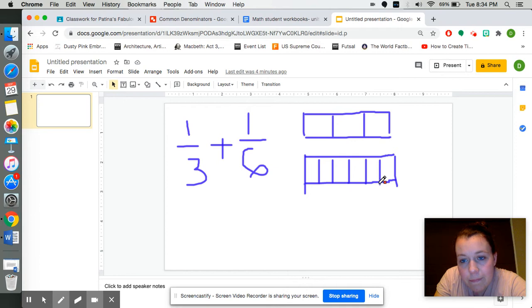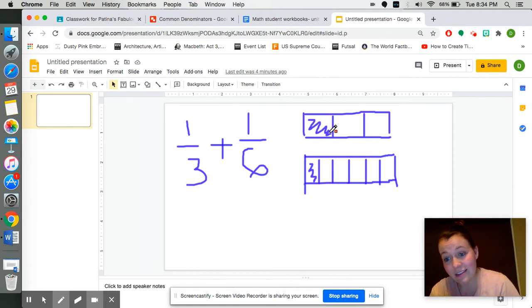Okay, here's the thing. The reason that we cannot add fractions that don't have the same denominator is because the pieces are not the same size. The thirds are simply bigger than sixths. I would rather share with 3 people than I would share with 6. So a whole that's split into 6 pieces doesn't make sense.